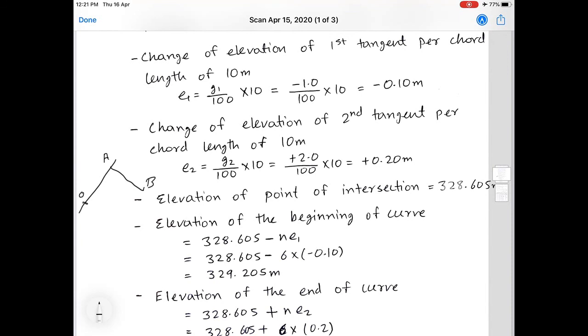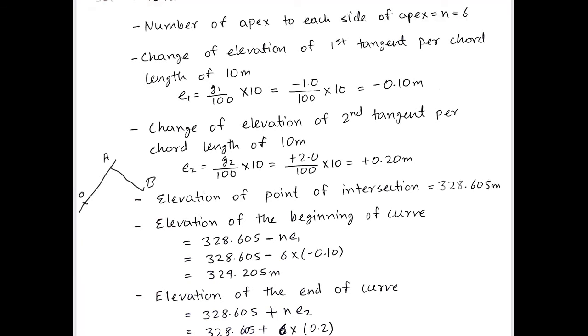By using a simple formula, that is the elevation of point of intersection minus n into E1. n is your number of points on one side of tangent, and E is our change of elevation.